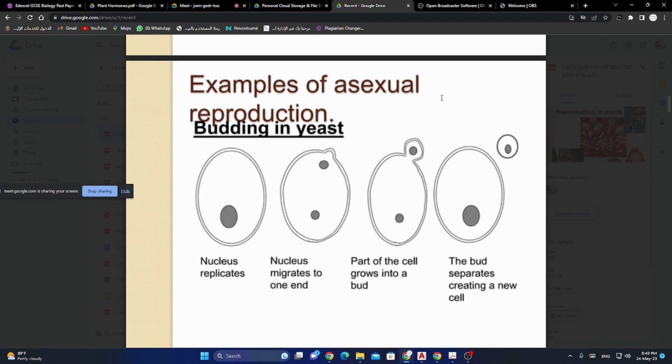Do you know how cells in a human body divide equally, right? No, in this case, instead of dividing equally like cells in a human body would, the nucleus just replicates, divides off, then takes a small part of the cell in order to grow a bud. And that bud can grow again in order to create a new cell.